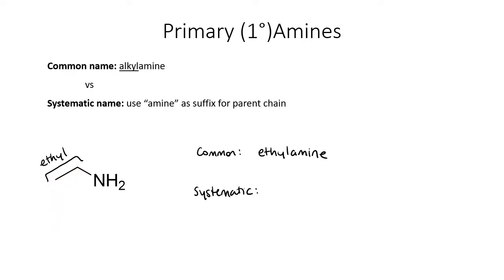So that's usually an ethane group. Now what we're going to do is remove the E and replace it with amine as our suffix. So this becomes ethanamine. So with the systematic name, you really focus on that longest chain of carbons again.